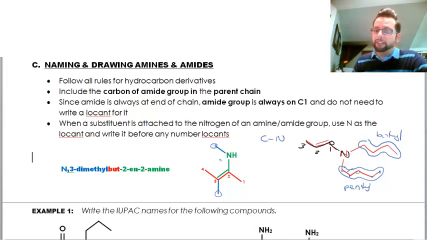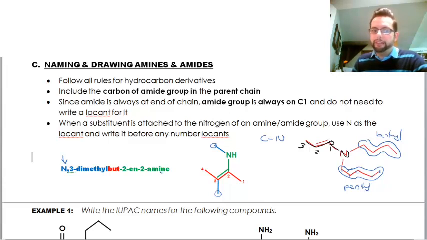And it's fine that it's attached to the nitrogen. Now I want you to observe that when we have a substituent group attached to the nitrogen, we denote that by using the locant N. For example, here we're going to use N. That tells me that my methyl group is attached to the nitrogen of my amino group.